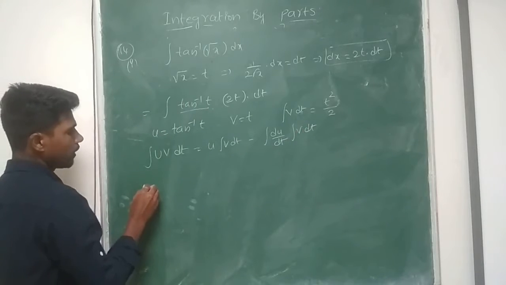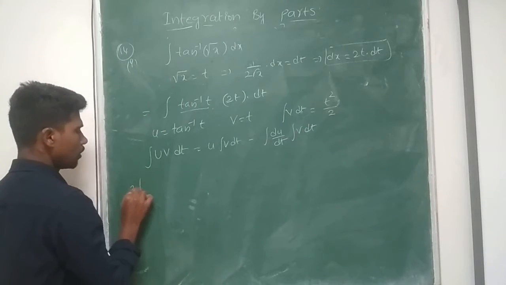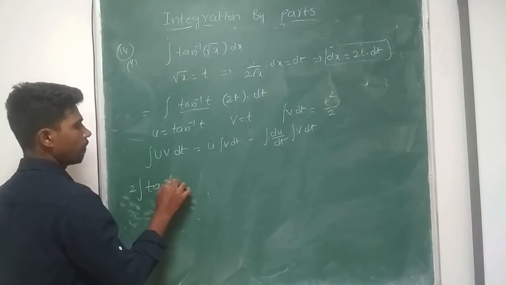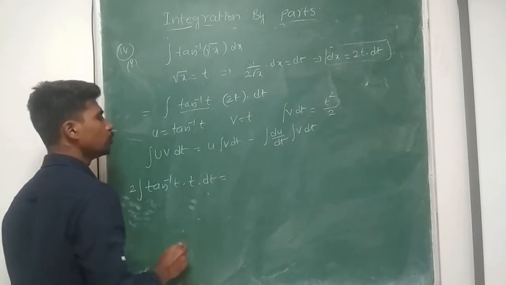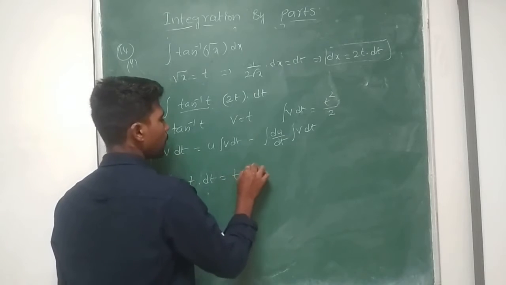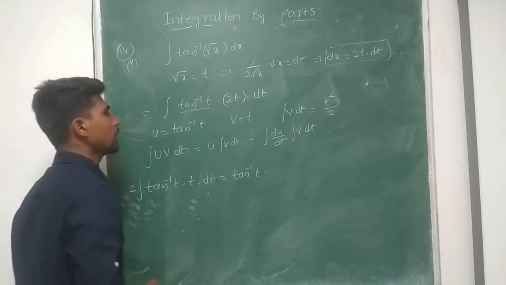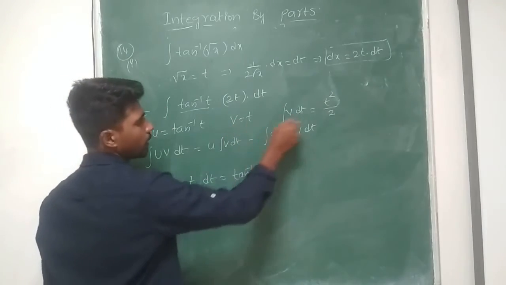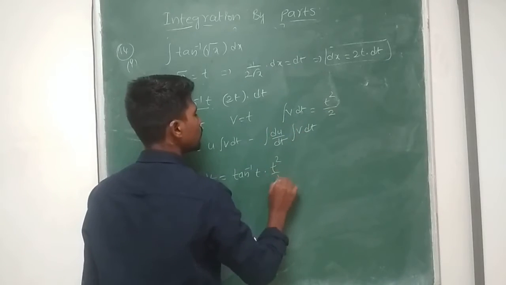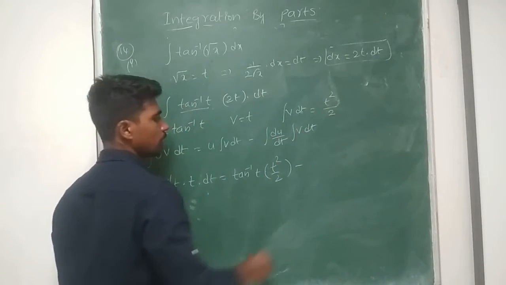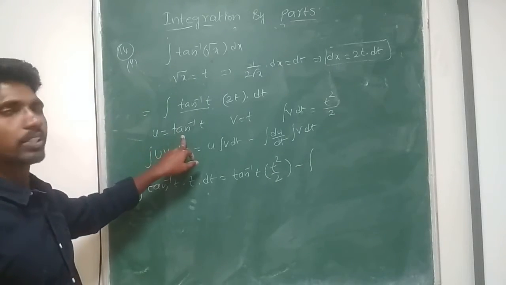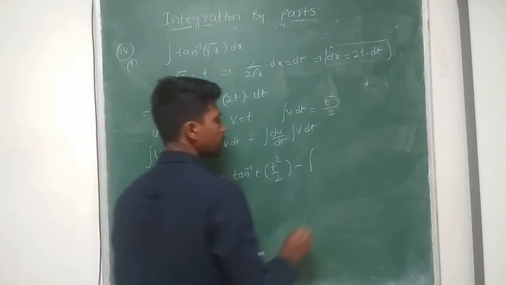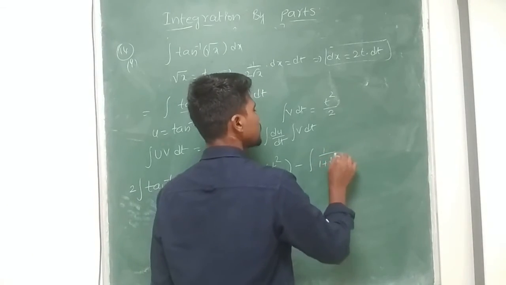Now, the given thing, integral tan inverse of t into t dt is equal to u, tan inverse of t, into integral v, t square by 2, minus integral du by dt. Differentiation of tan inverse t with respect to t is 1 by 1 plus t square.